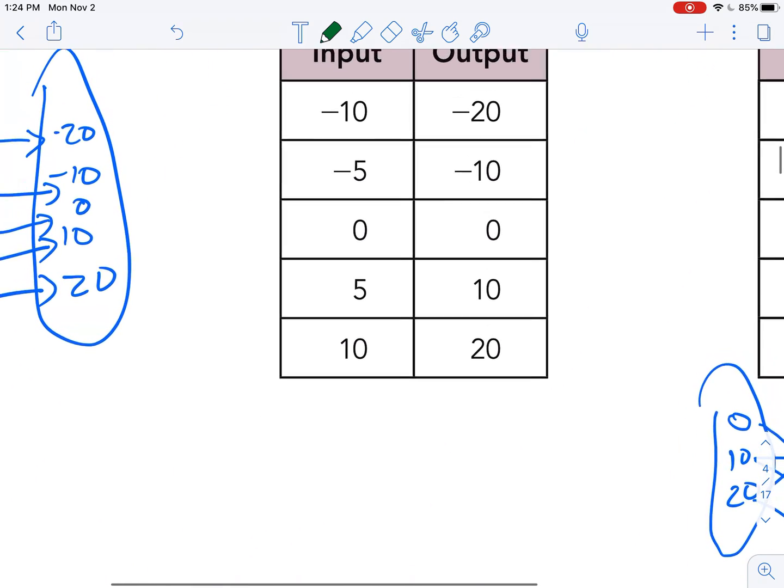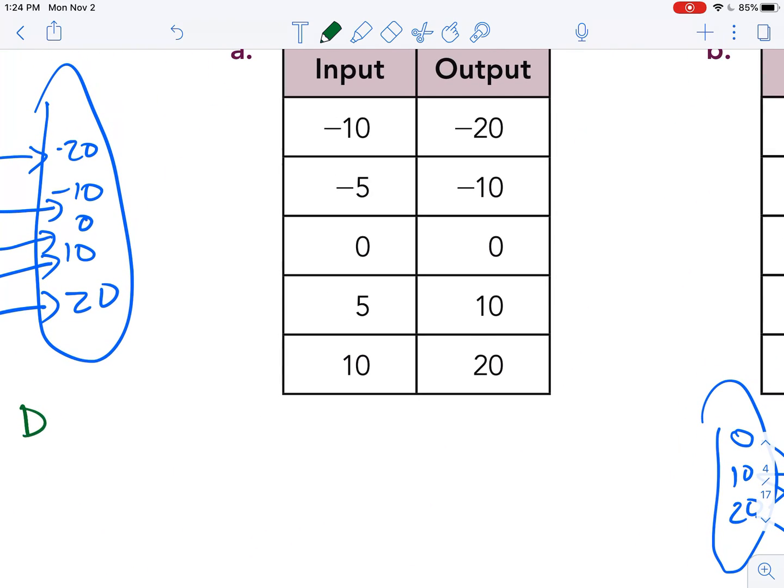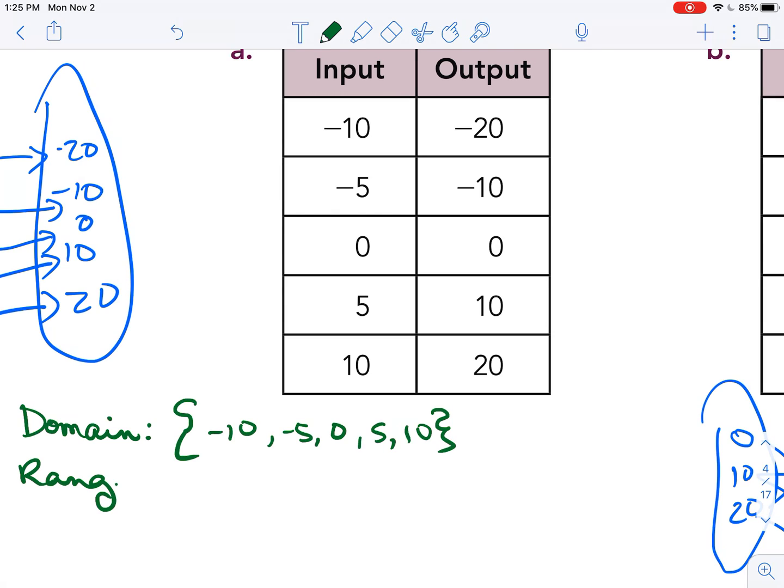So if I look at this one, domain and range. Domain. Okay, so this one, -10, -5, 0, 5, and 10. The range, we have -20, -10, 0, 10, and 20.